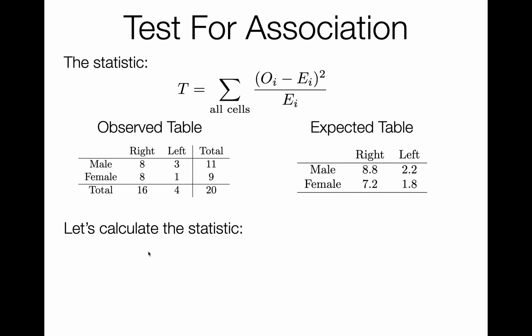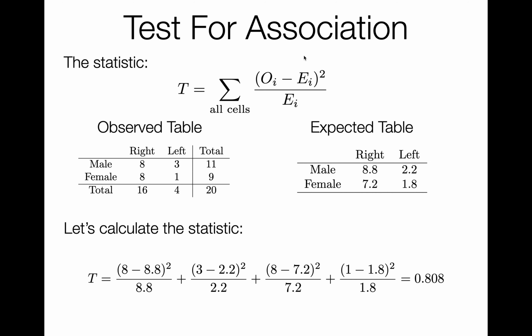So in calculating the statistic, I do this calculation, O minus E squared divided by E, for every cell. I take 8 minus 8.8 squared divided by 8.8, plus 3 minus 2.2 squared divided by 2.2, and so on and so forth for all cells in the table. In the end, I'd get out a number. For this specific example, it's 0.808.